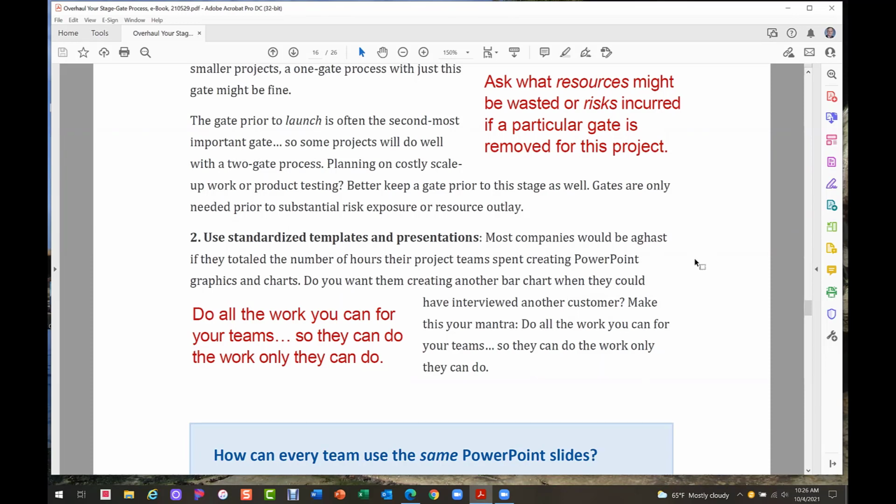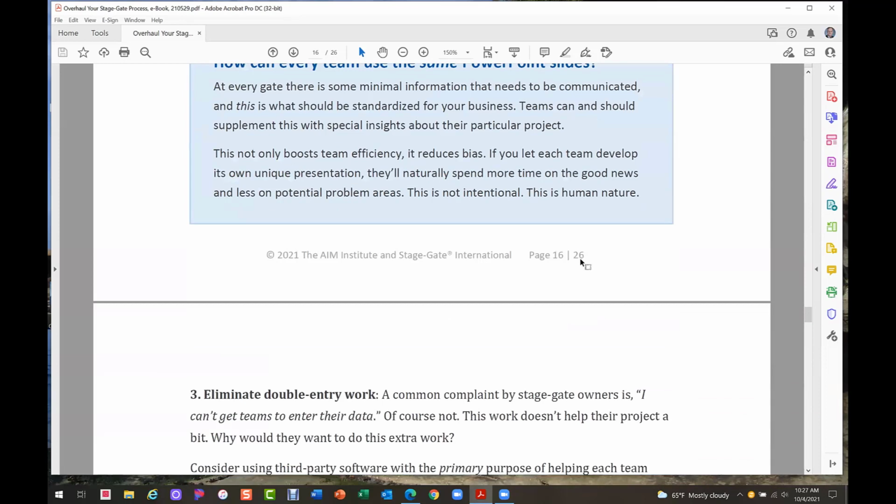And not only that, when management looks at these unique PowerPoint decks, they have to start over again. Like, what am I looking at? What does this mean? Help me process this. So standardizing it would save a lot of time and a lot of management horsepower as well. And then let each team add in the specific slides they want. I think that would help a great deal.